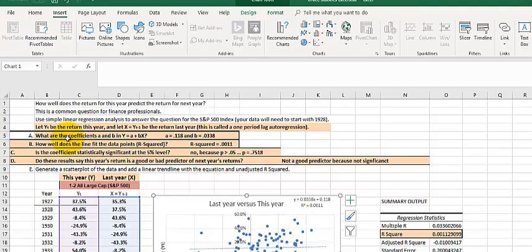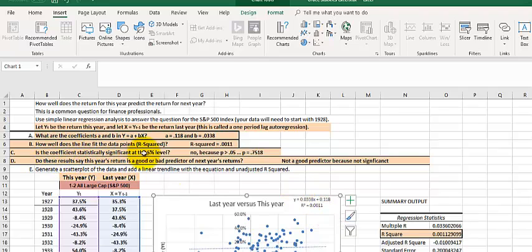So the coefficients of the linear equation here, I just pulled them off of this one right here. So A is 0.118 and B is 0.0338 and your R squared is 0.001.